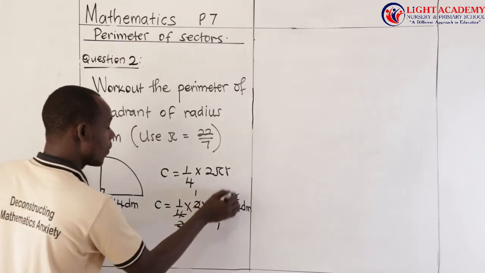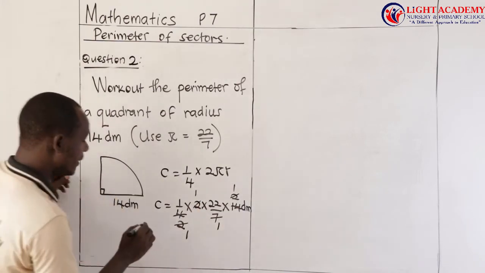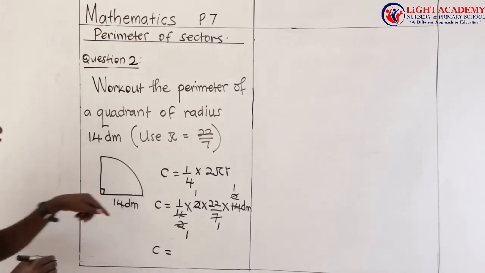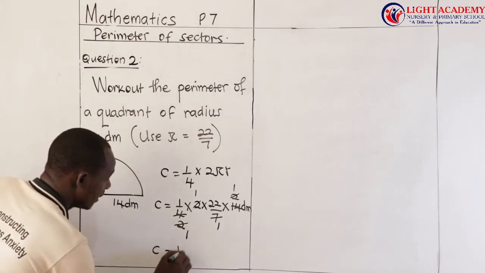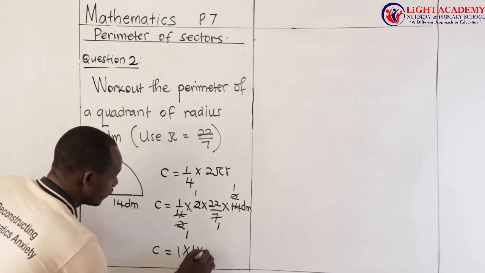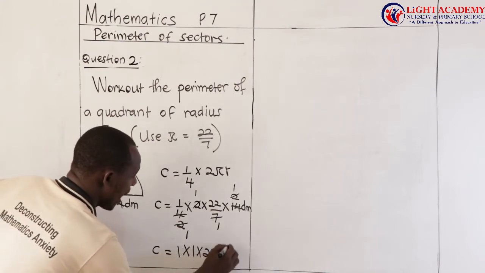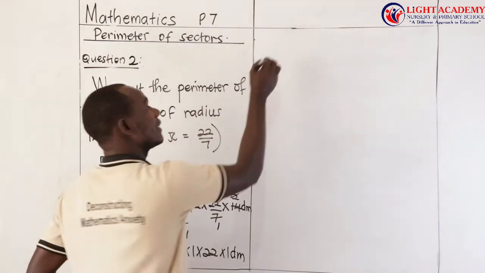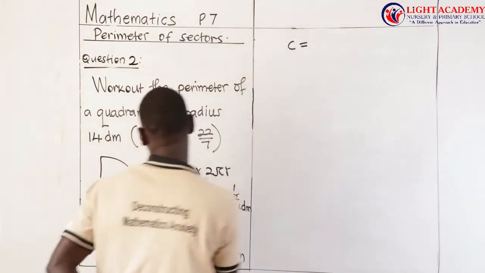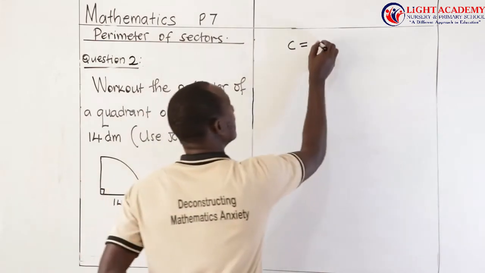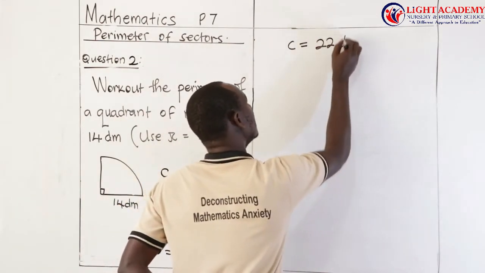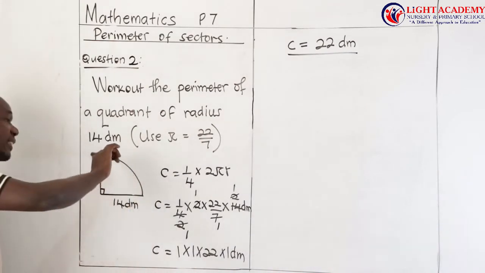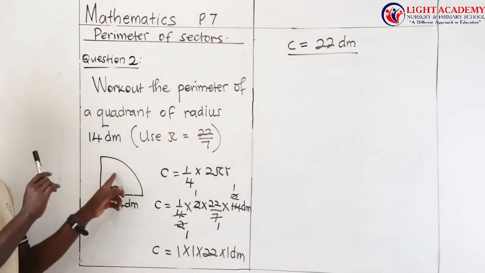So the circumference of this quadrant will be equal to 1 times 1 times 22 times 1 decimeters. When you multiply this, you realize that the circumference of this quadrant is actually 22 decimeters. That is the distance of this curved part we are seeing.